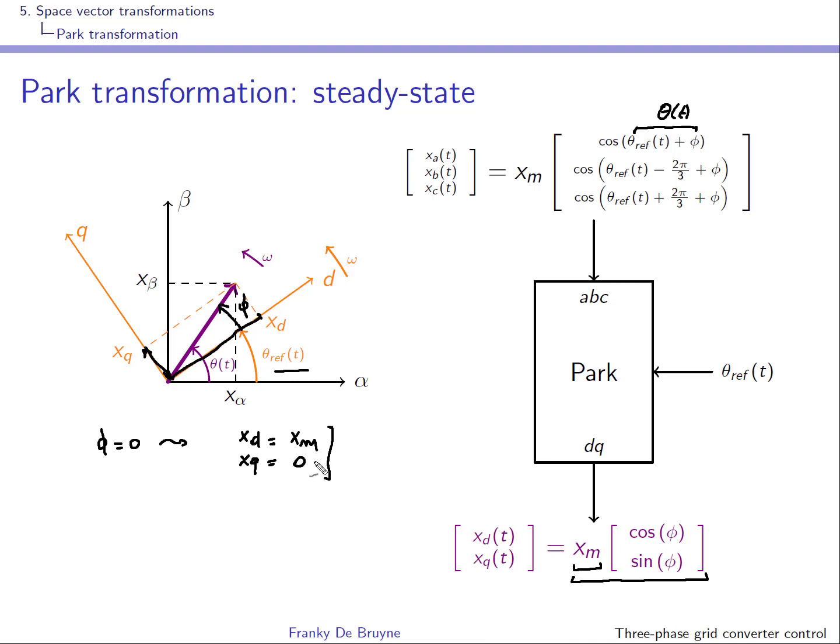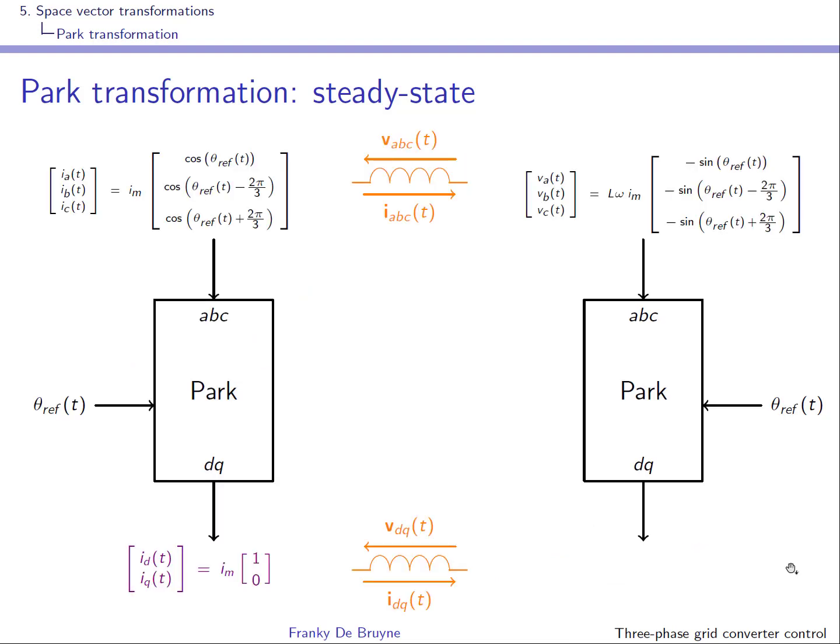So in that case, there is only a d component, and if phi is equal to pi over 2, you would have no d component, so it's 0, and xq would be indeed xm. xd is said to be the component that is in phase with the reference signal, and xq is the signal that is in quadrature with respect to the reference signal.